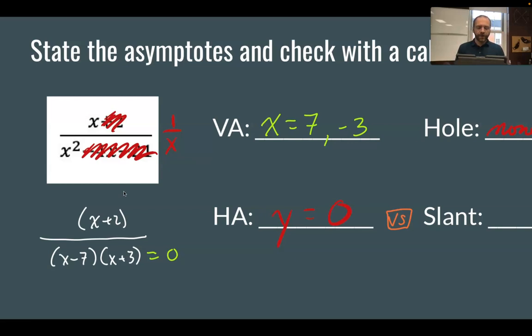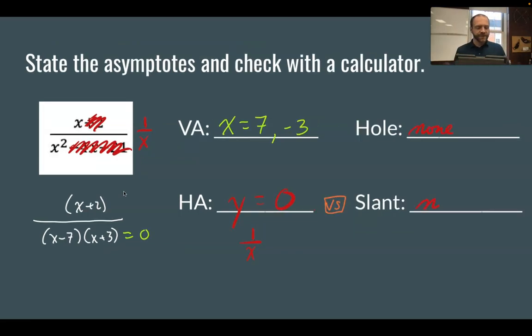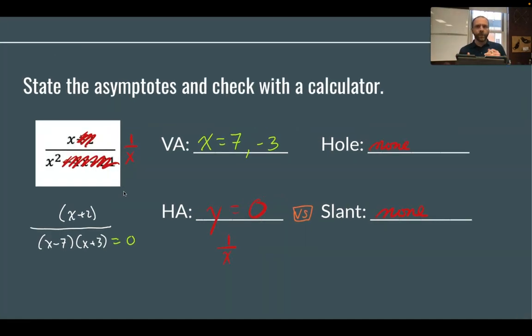If I have 1 over x, or 5 over x, or whatever like that, I have a larger degree in the denominator, getting bigger faster than the numerator is, so it's going to approach 0. So y equals 0 is going to be your horizontal. And for consistency purposes, let's do none there for slant. So there's the first scenario: y equals 0 is when you have the largest degree in the denominator.